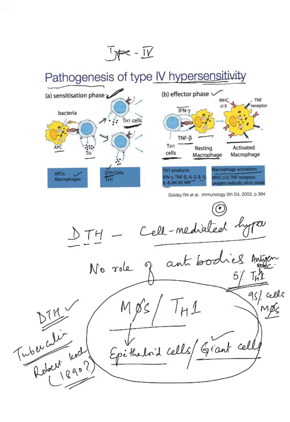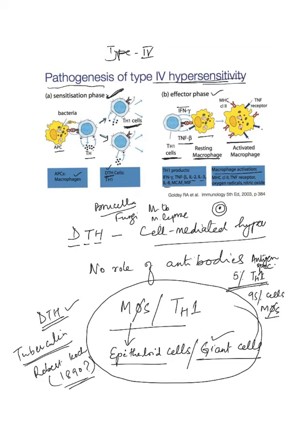Okay, and it is not always that this type of response is detrimental to the individual. This type of reaction is very important for defense against intracellular pathogens like Brucella, which is also intracellular, or intracellular fungi, even Mycobacterium tuberculosis, Mycobacterium leprae.